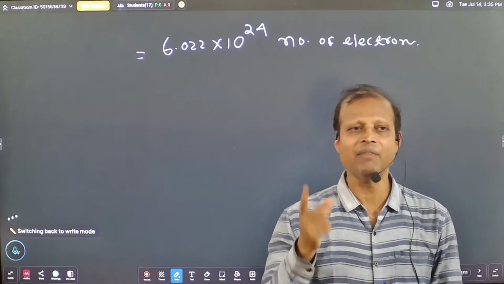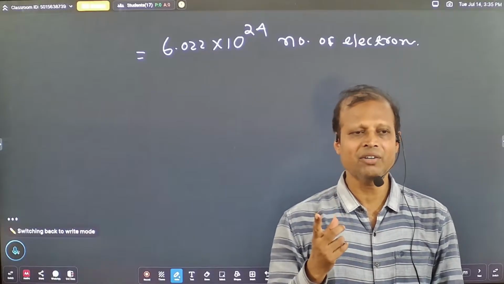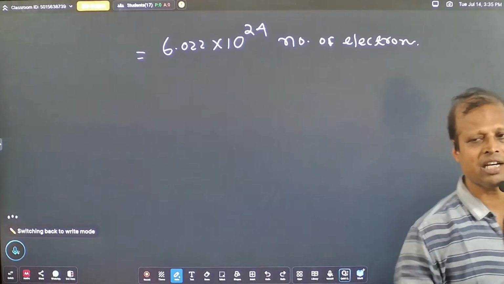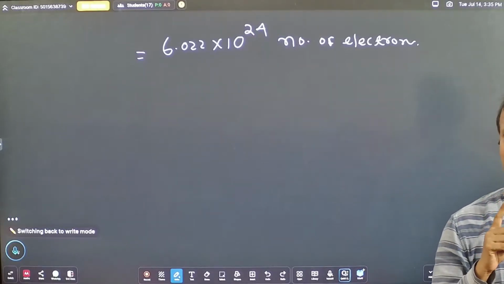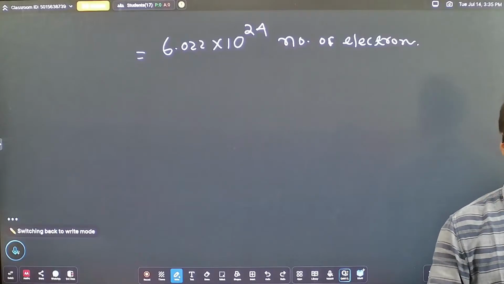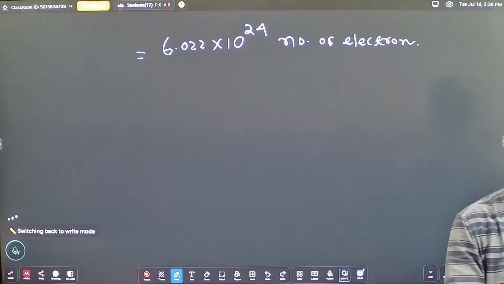In CH4 we have 1 carbon atom and 4 hydrogen atoms. In 1 carbon atom, we have 6 electrons. 1 hydrogen atom has 1 electron, and there are 4 hydrogen atoms, so 4 electrons. Altogether, one molecule has 10 electrons.